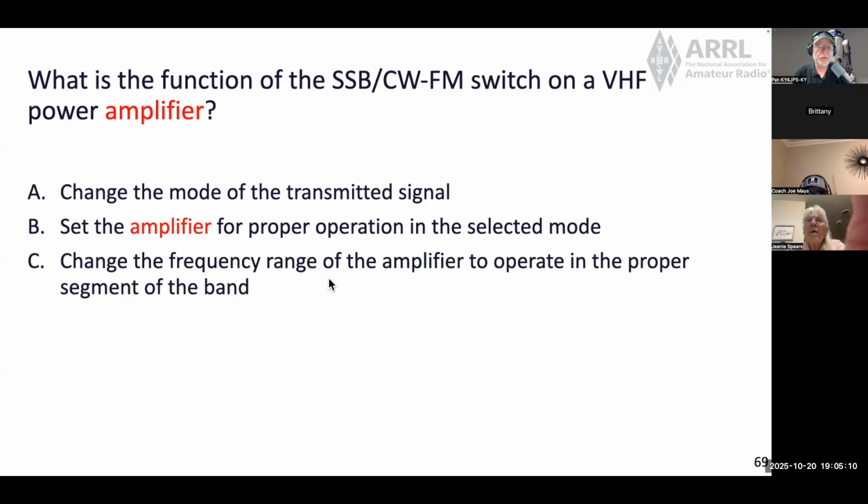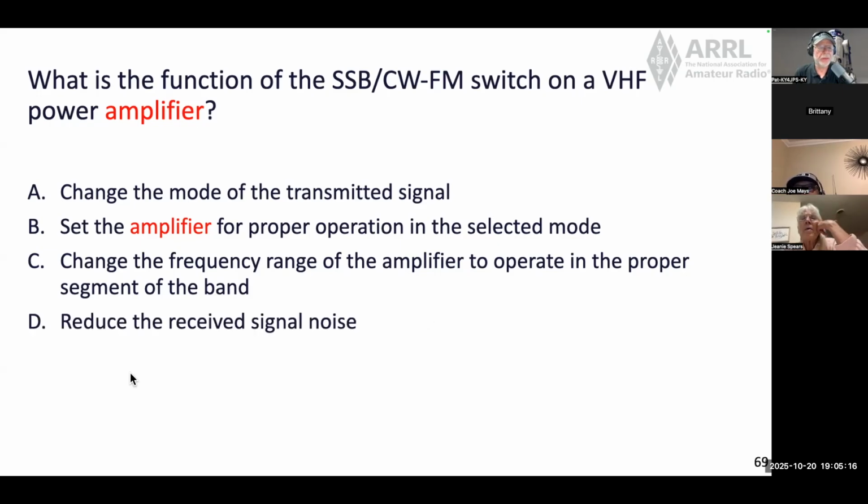Change the frequency range of the amplifier to operate in the proper segment of the band, or reduce the received signal noise. So if we're doing single sideband, we want that switch to be set to single sideband. So we have the proper operation in the selected mode.